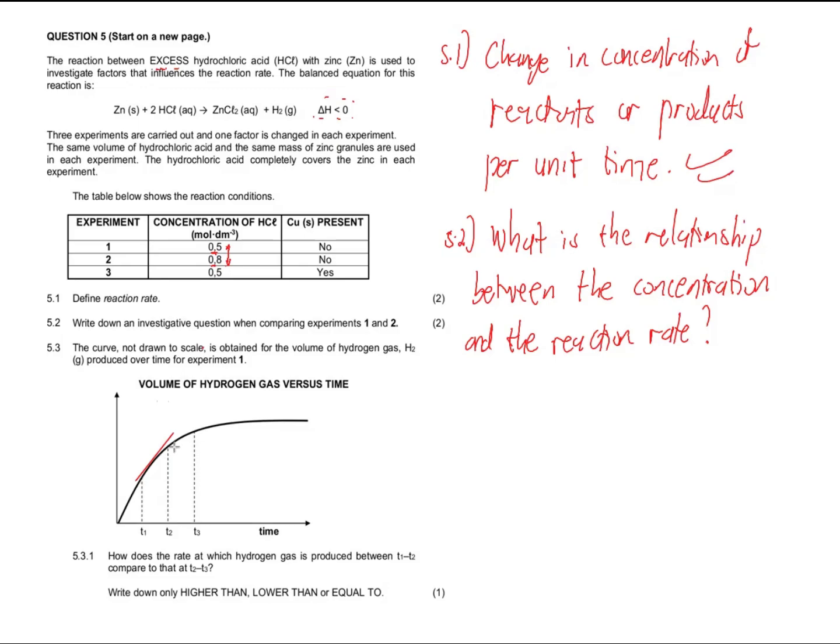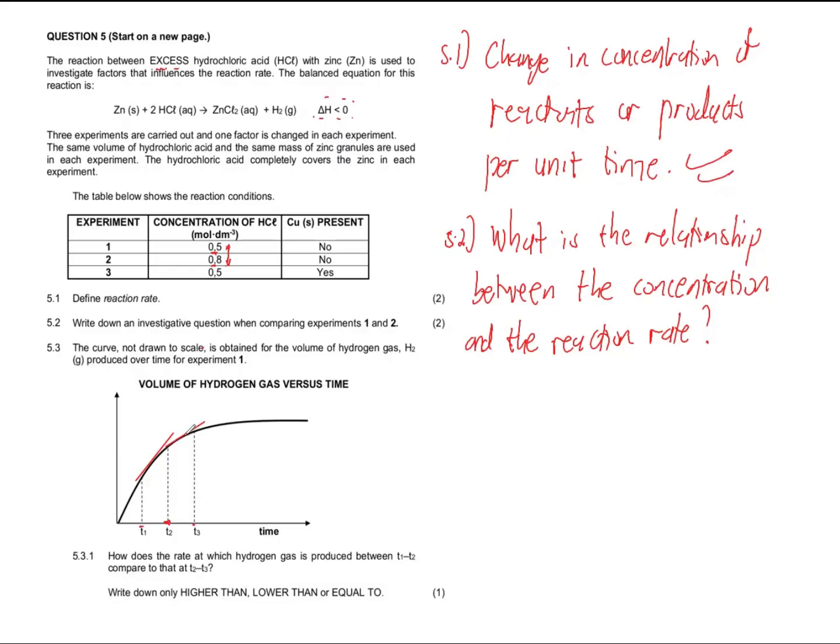So if we draw gradient lines here, we can see that this gradient is a bit sharper than that one, indicating that this is a higher reaction rate, but here this is a lower, or slower, reaction rate. So the rate at which the hydrogen gas is produced between T1 to T2 would be much higher than between T2 to T3.